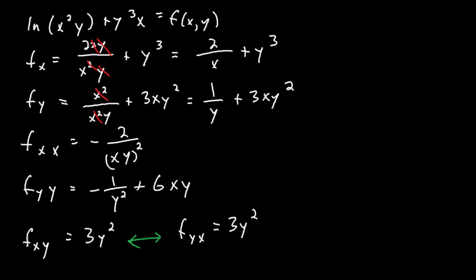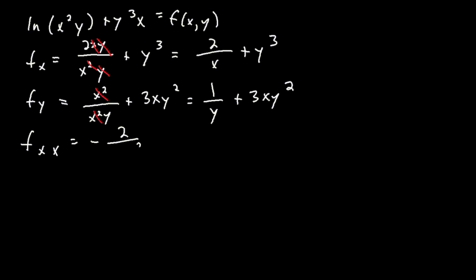In most cases that you'll probably see in your classes, the x partial derived with respect to y and the y partial derived with respect to x are going to be equivalent. And I don't remember the conditions. They're probably on ChatGPT or something like that. But in most cases, you're going to have the same thing.